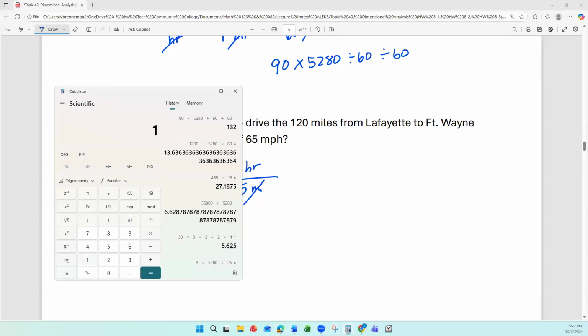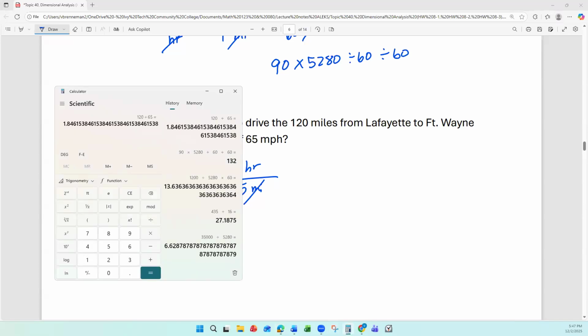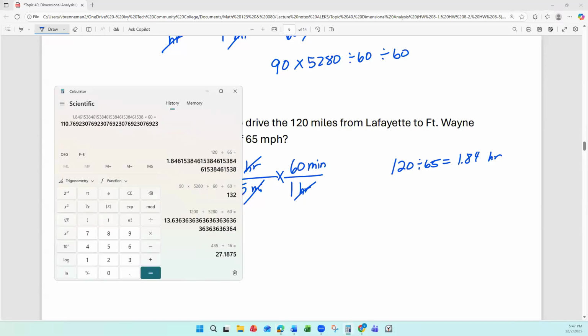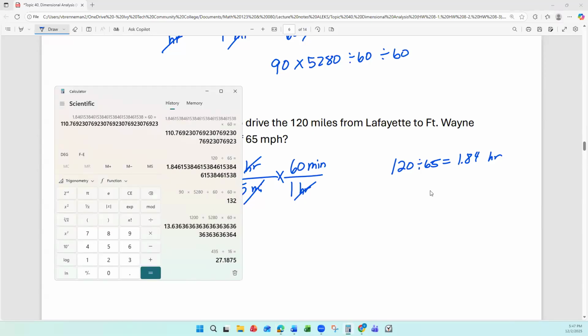120 divided by 65 is 1.84. Maybe I'd rather have that in minutes. I can just add on here that 1 hour is 60 minutes. So I just multiply that result by 60. That's 111 minutes.